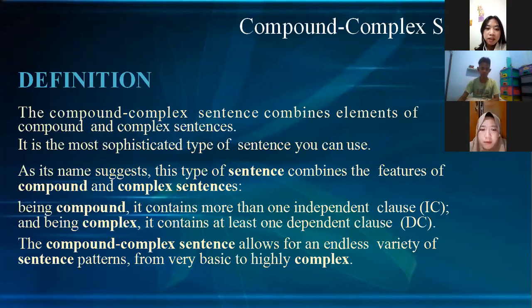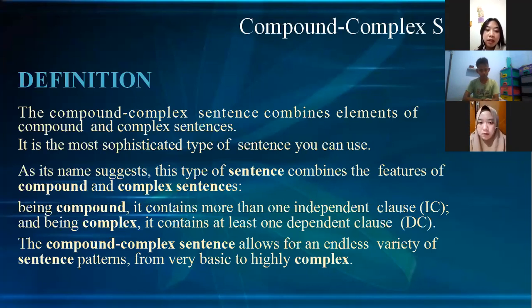Definition. The compound complex sentence combines elements of compound and complex sentences. It is the most sophisticated type of sentence you can use. As its name suggests, this type of sentence combines the features of compound and complex sentences.